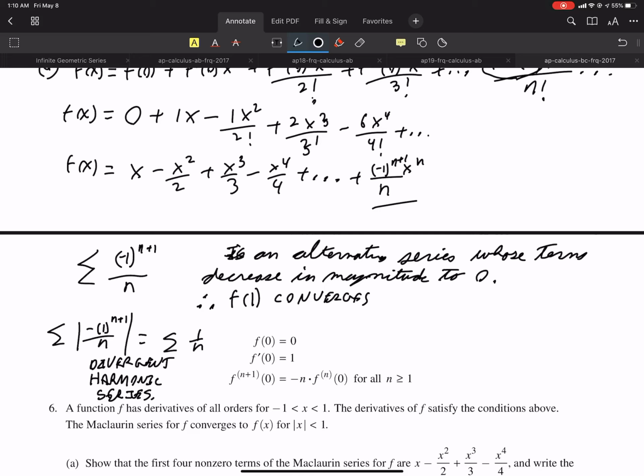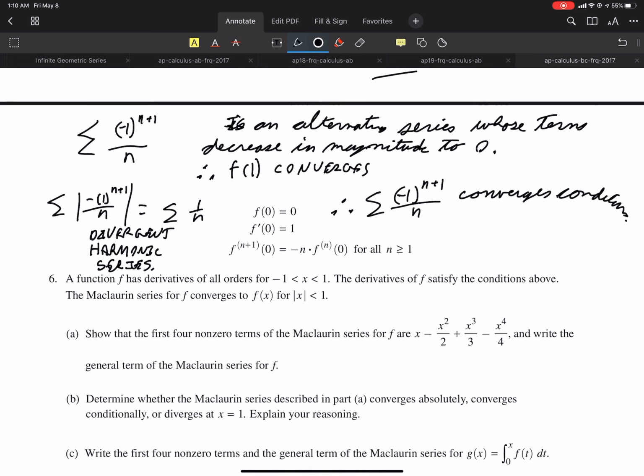So we saw that the absolute value doesn't converge, but the alternating does. Therefore, this series converges conditionally. Conditional, I'm going to write that out. I should write it out, but I'm getting lazy there.